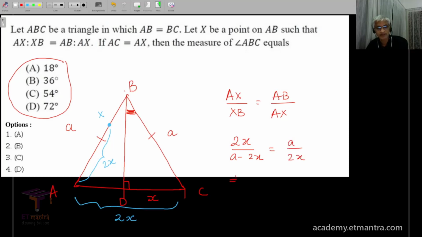This gives us 4x square plus 2ax minus a square equal to 0. Now we shall proceed to take the positive root of this equation, and therefore we'll have to take a plus sign here instead of the minus sign, and just use the quadratic formula.